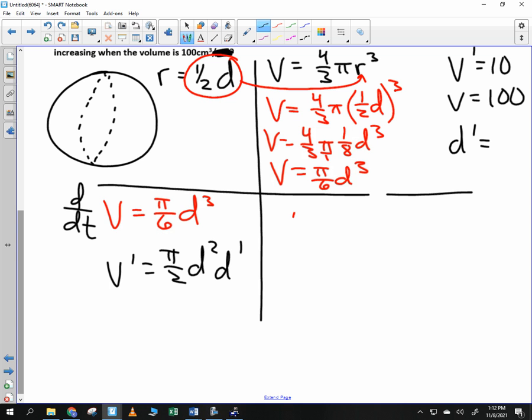Good. D squared d prime. So v prime is equal to pi over 2 d squared d prime. So what do I put in for v prime?